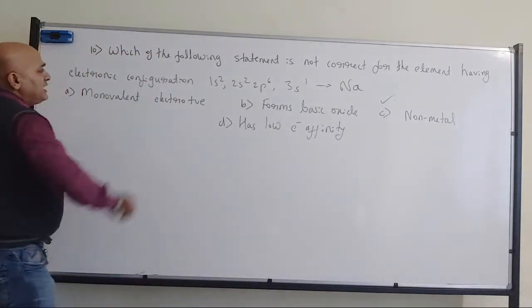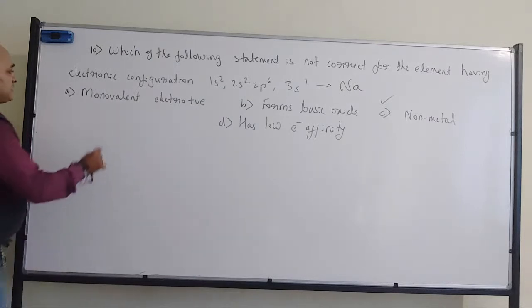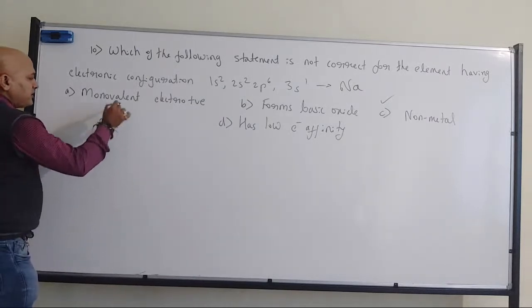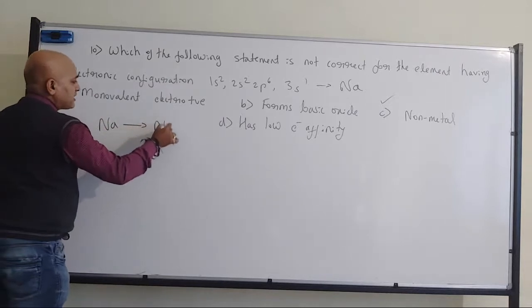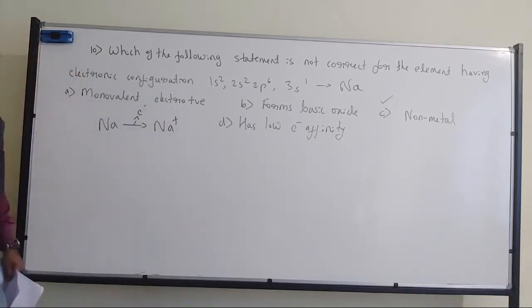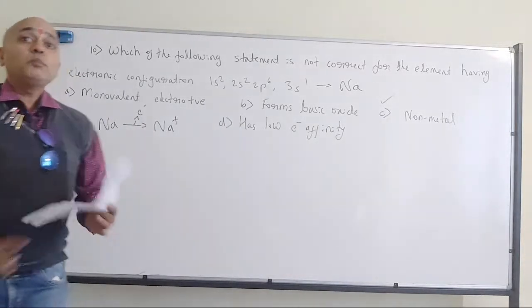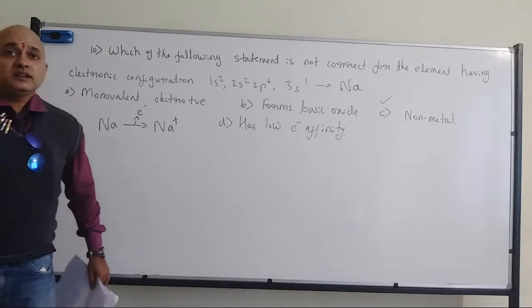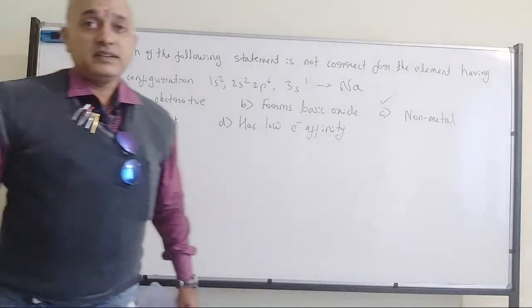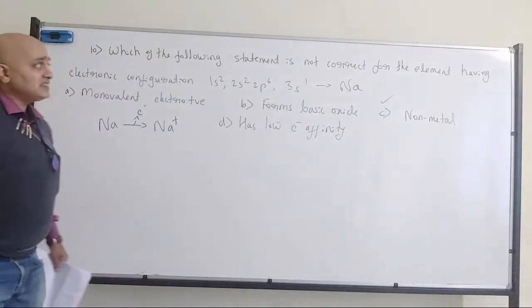Now, monovalent electropositive. What do you mean by that? When I am talking about sodium, it will become Na+ by donating one electron because it is an electropositive element. Therefore it is called monovalent. Since it is group 1, it has one valence electron.